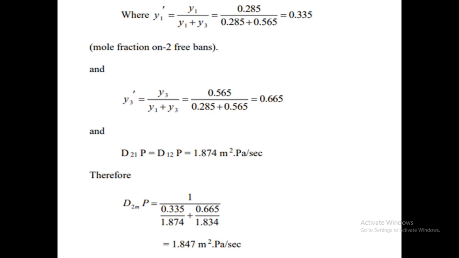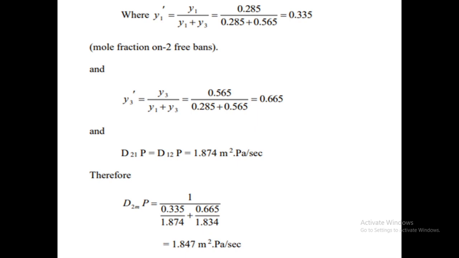In that case, similarly we will consider here D21P is equal to D12P. So you can refer to my previous lecture, the derivation of DAB is equal to DBA. From that only we come to know D21P is equal to D12P. So that is equal to 1.874 meter square Pascal per second.